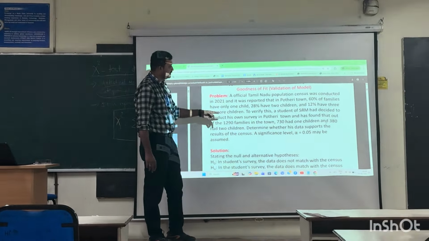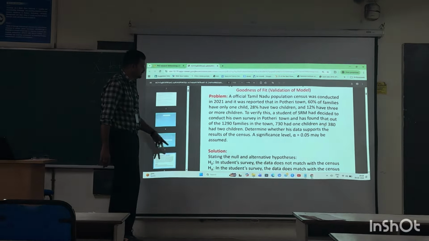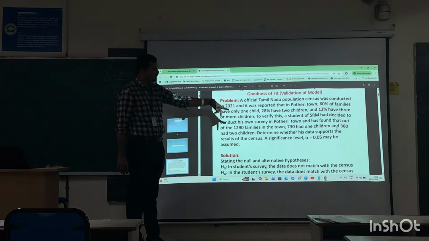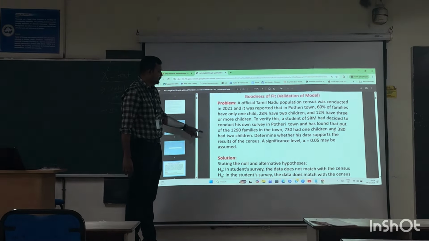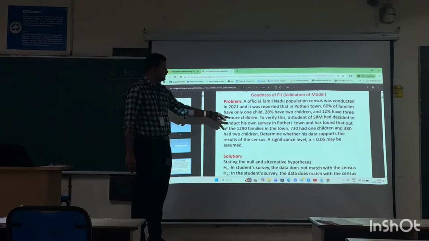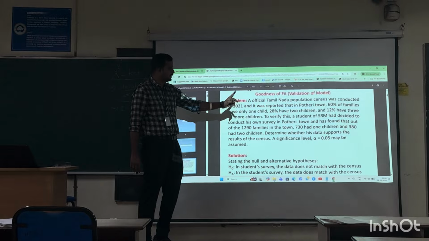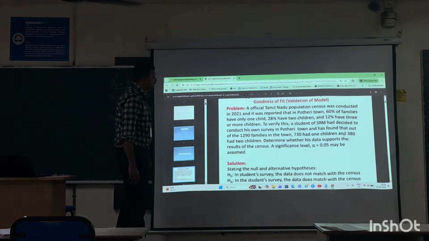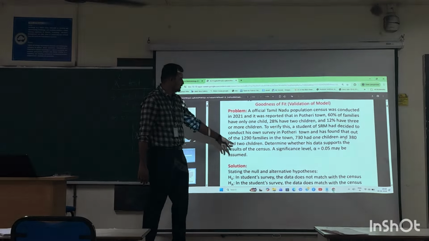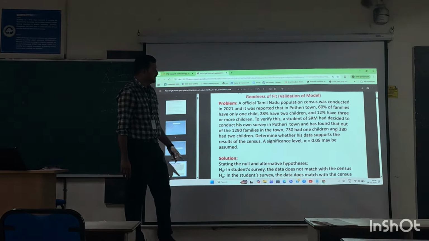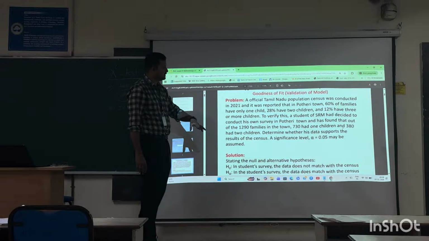To verify this, a student from SRM decided to conduct a survey and found 1290 families in the town, of which 730 had 1 child and 380 had 2 children. Does this data support the results of the census or not?